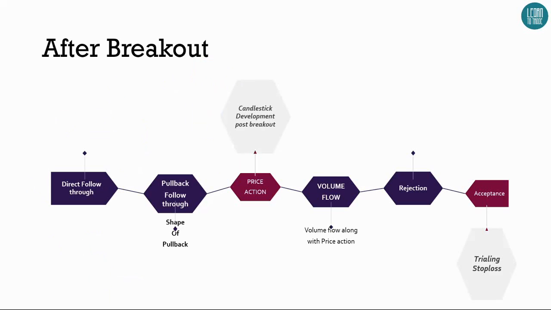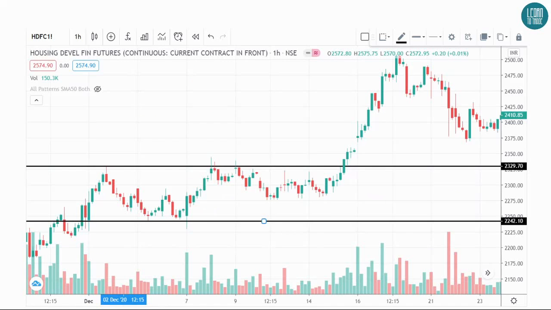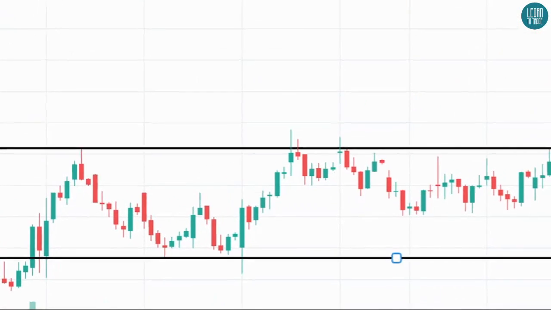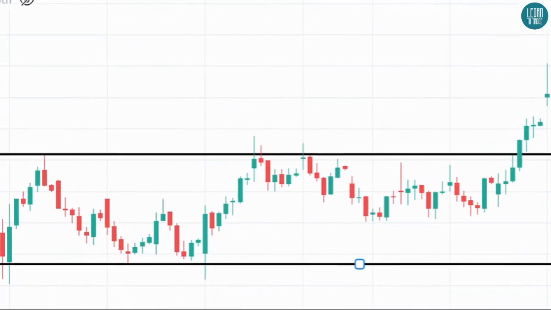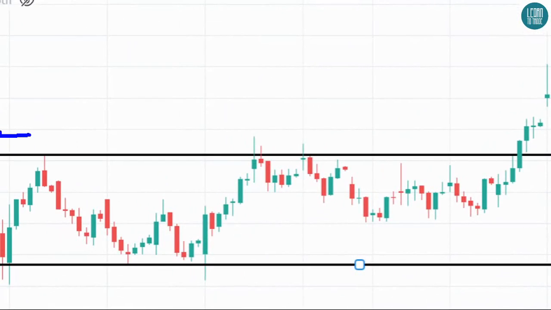Let's look at an example before continuing this flow chart. Here the time frame is hourly, and the stock is HDFC Finance. Look at this. This is the breakout tight range which is getting developed here, and we are getting a breakout at this point.